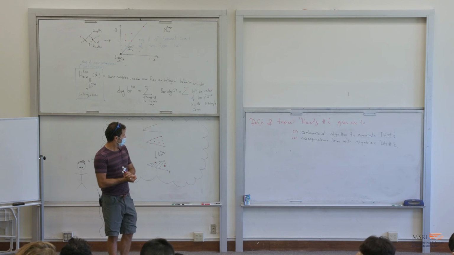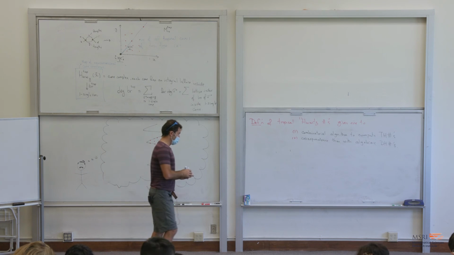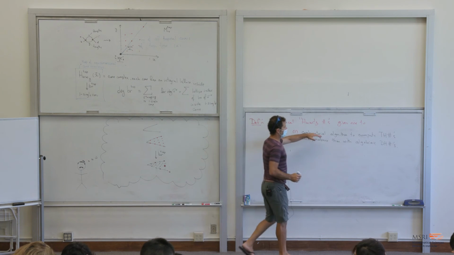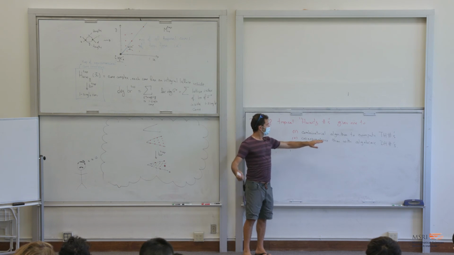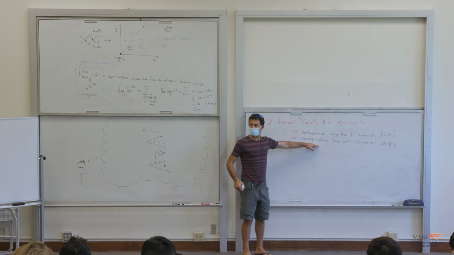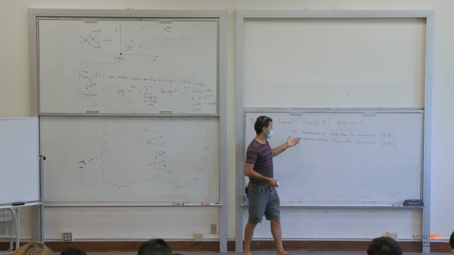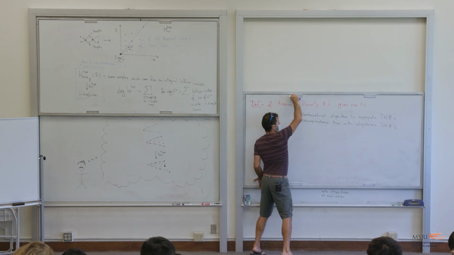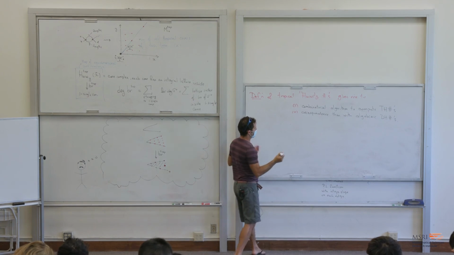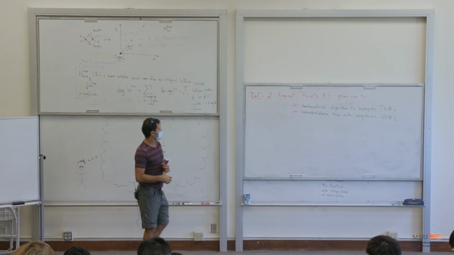So let me finish today with just giving one example of this combinatorial algorithm, show through this example that it satisfies this correspondence theorem, and then next time I'll actually describe completely the algorithm and start talking about why this correspondence theorem is true, right?